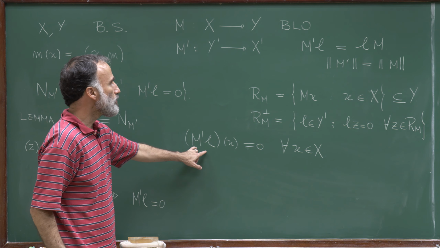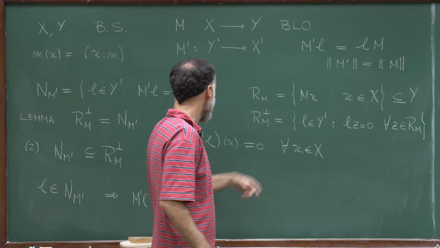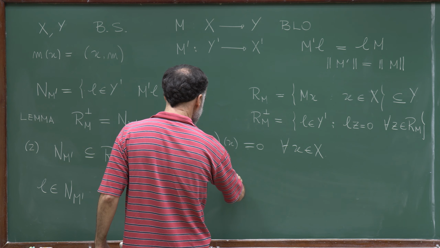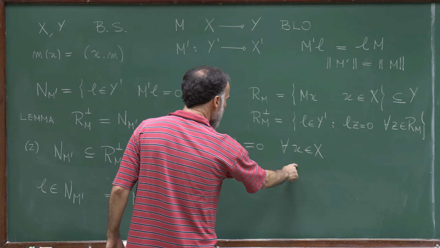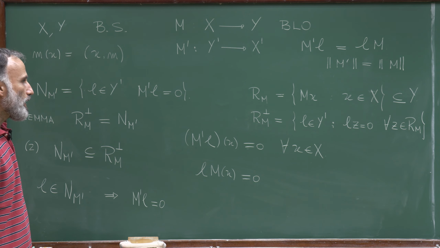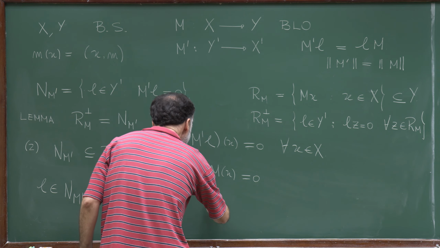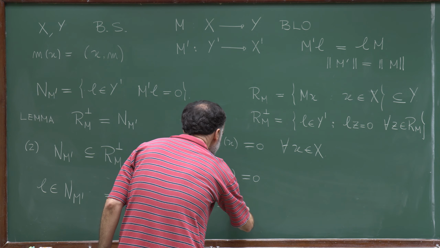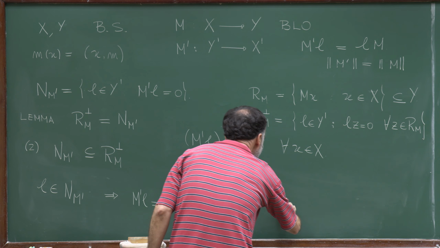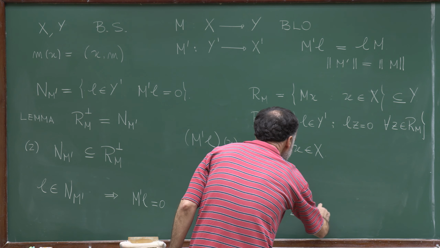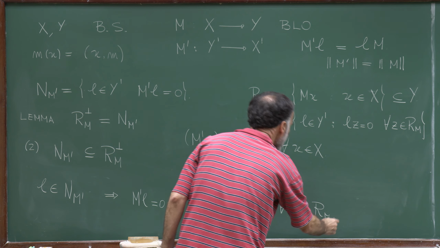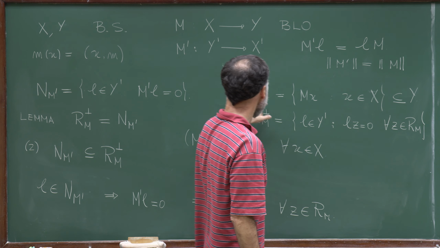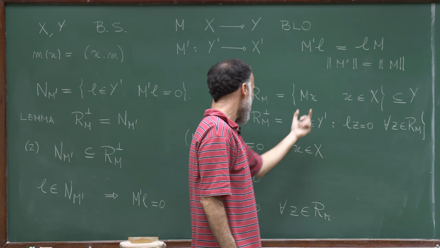But now we can again use the definition of m prime. So this is saying that L of mx is equal to 0 for all x in X. And this implies that L of z is equal to 0 for all z in the range of m, right? All elements in the range of m can be written as mx.